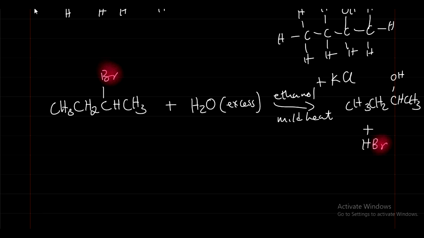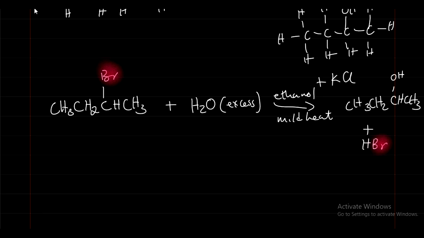The only way to have that is if you do a substitution. You substitute a primary haloalkane to alcohol, and vice versa, even if you go from a primary alcohol to a primary halogen. So that's how it works, guys. Thank you.